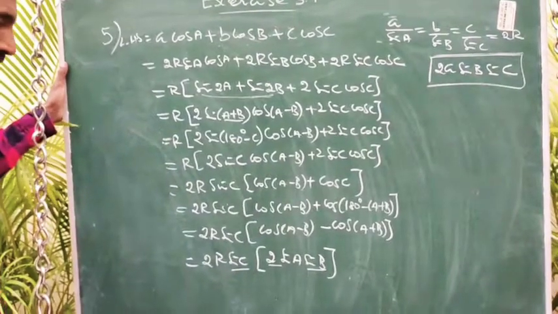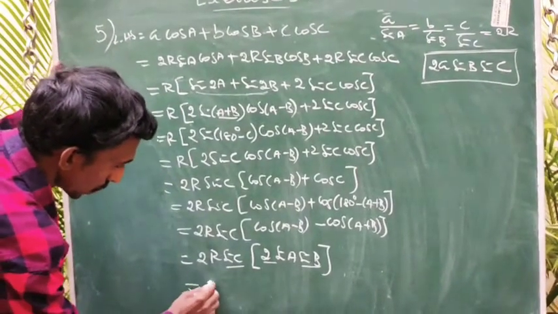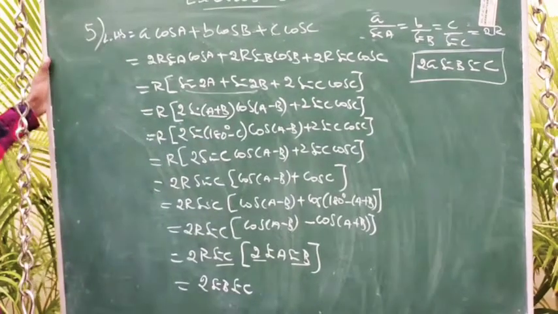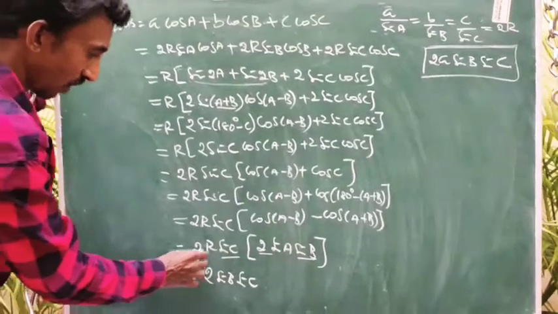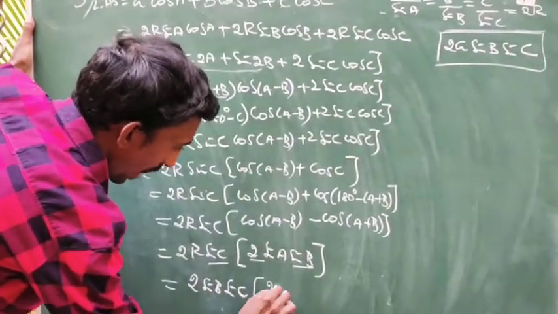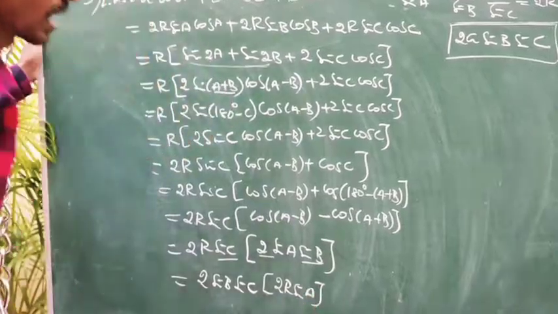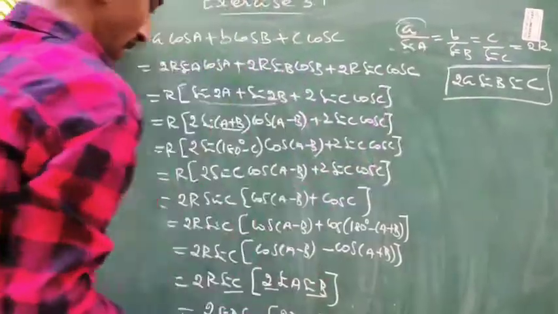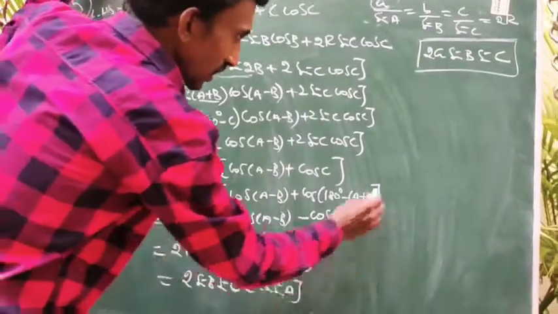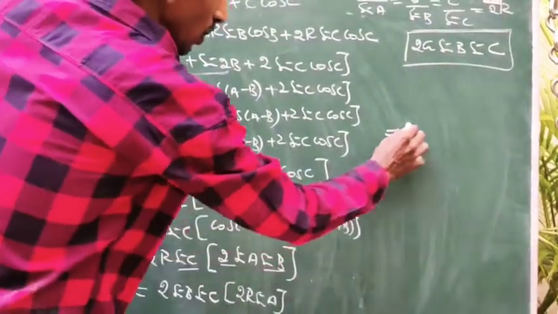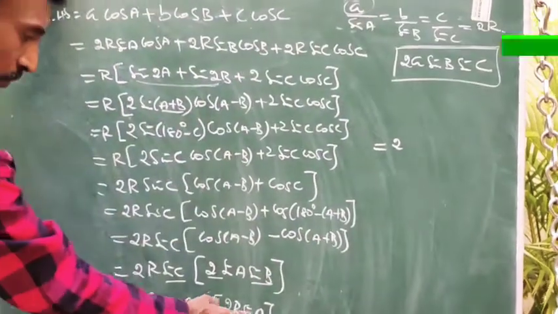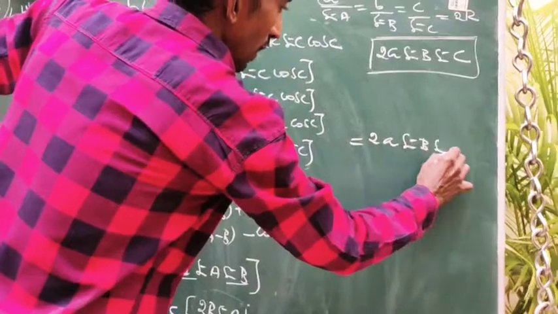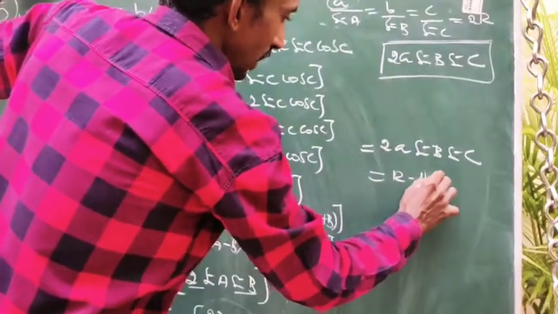What is the remaining value? 2r sin a. According to the sine formula, 2r sin a is nothing but a. So this equals 2 into, this value is small a, so 2a sin b sin c, that is the RHS.